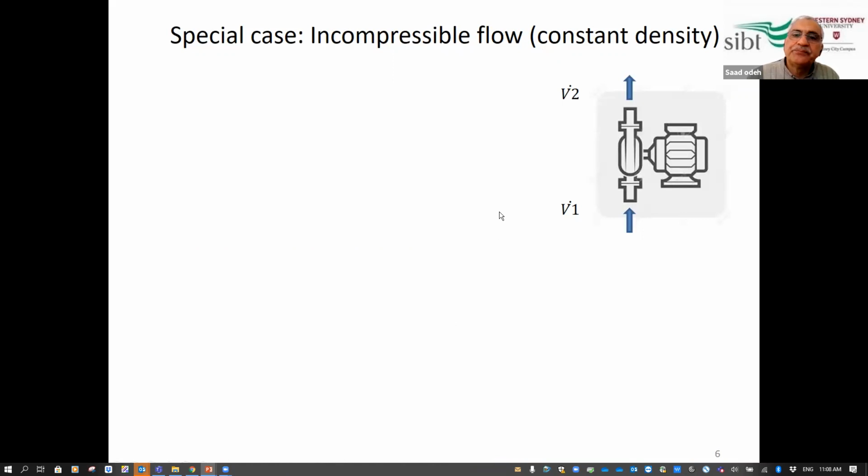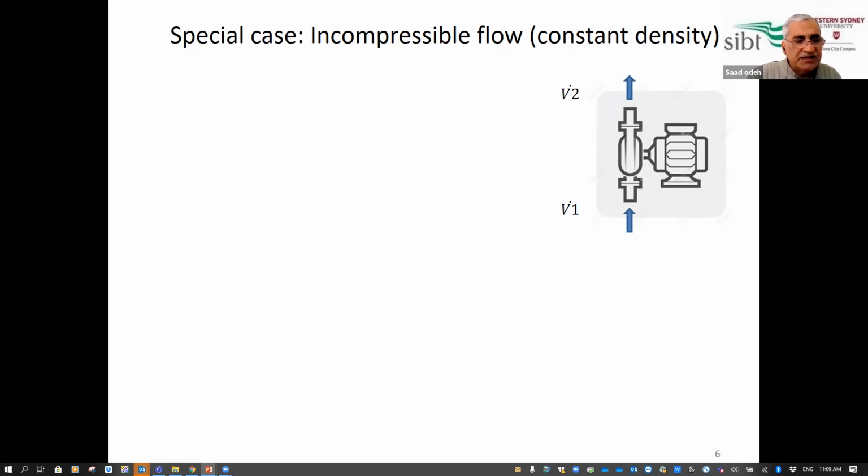In open systems, we have another definition. In some systems we use a fluid, for example a gas, because remember when we say fluid, we mean either a gas or a liquid. If we have a liquid such as water, you can hardly compress it.